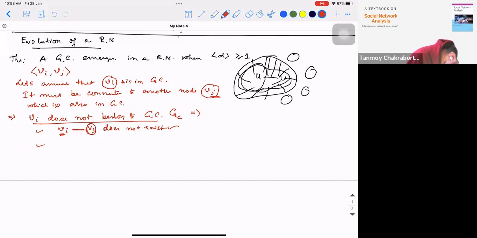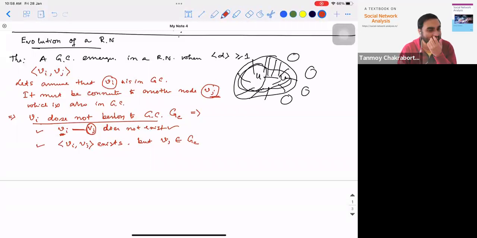Another possibility is that this particular edge, Vi Vj, exists, but node Vj does not belong to GC. Little tricky, right? So what I'm saying is that let's assume that Vi is a part of GC, so it must be connected to another node Vj, which is also part of GC. Now, if Vi does not belong to the giant component, what are the possible cases?